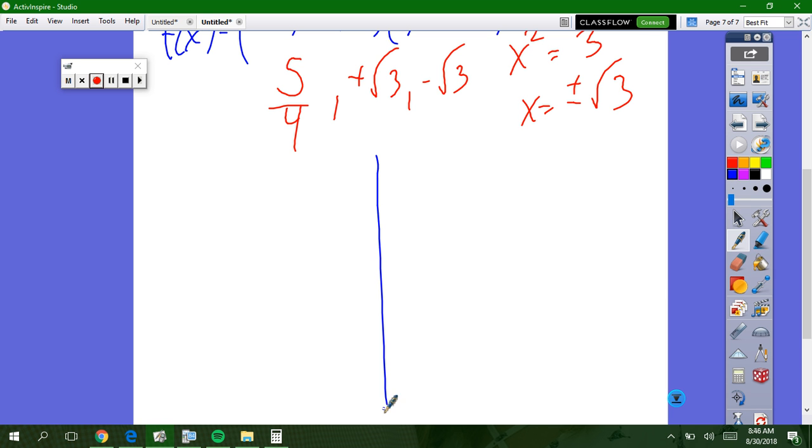Okay, here we go. So 5/4 is like 1.25, and then you said 1.73 as well, something like that. Then we have negative 1.73. So those are our three spots where we hit the x-axis, right? Good?